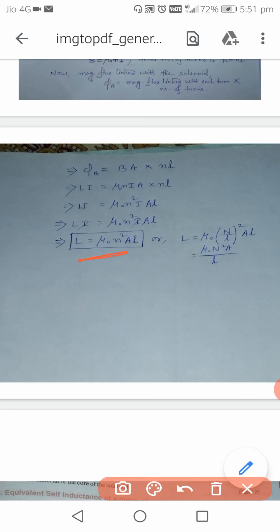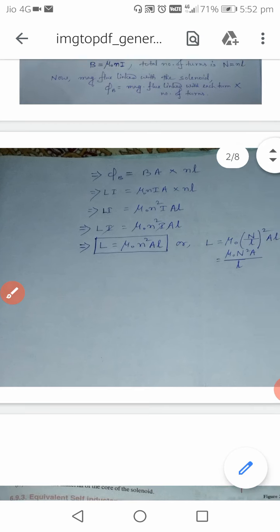Okay, or we can express it in this way also, in terms of capital N, because n means capital N by l, no? So in place of small n we can write capital N by l, squared, and if you do so, one l gets cancelled; this becomes l squared and this is one l, so as it gets cancelled, below we have only one l. So finally the expression for L becomes this one. Both expressions you can write, this one or this one.